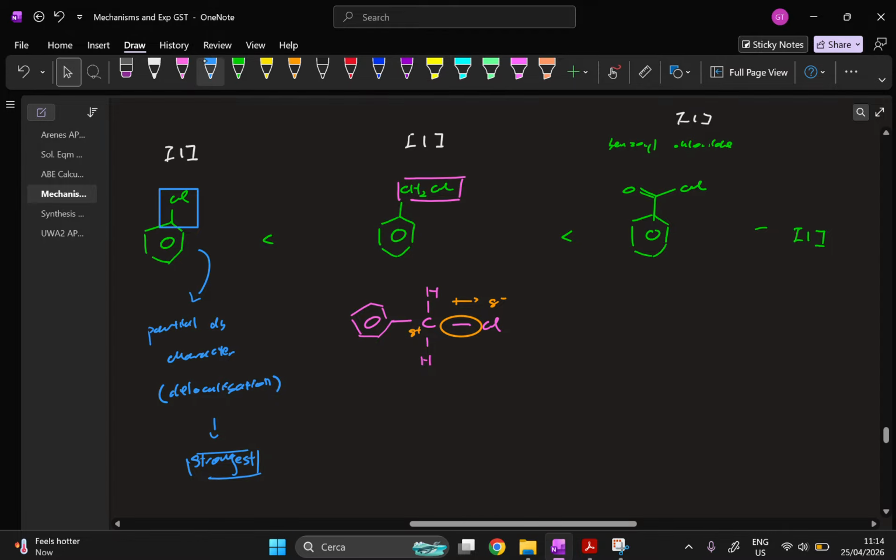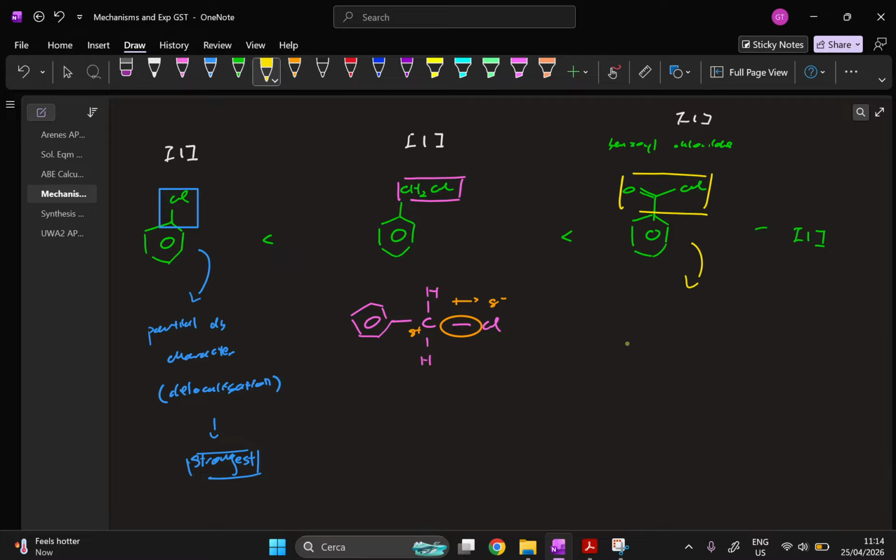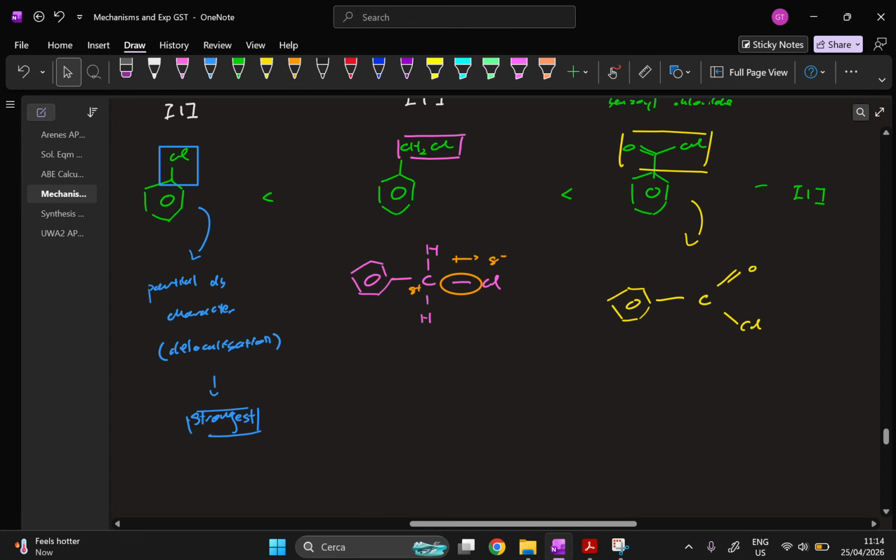But on the other hand, if we expand this part here, we will see that it's just COCl. It's trigonal planar here. Okay. And this C I'm interested in, can this C-Cl bond cleave easily? You'll notice that this C is bonded to 2 highly electronegative atoms that withdraw electron density. So this one is very, very delta plus.